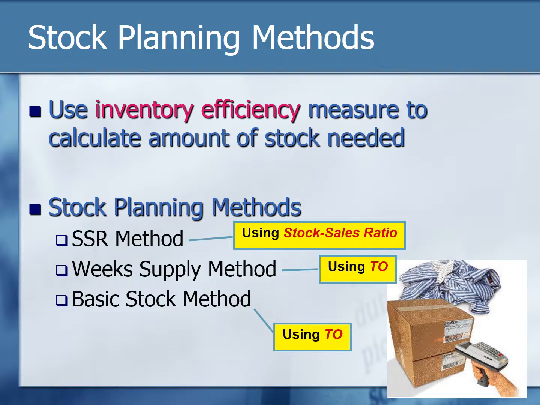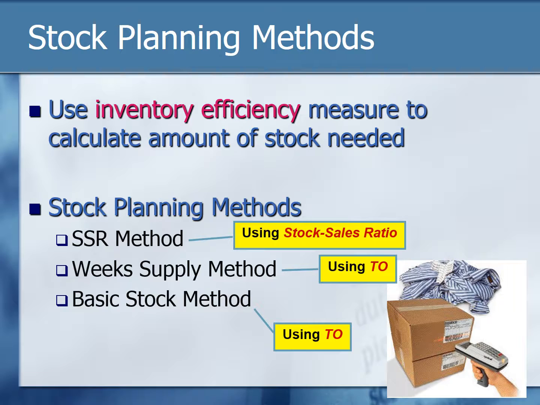Among these three methods, the SSR method uses what we call stock sales ratio as the inventory efficiency measure. We have not learned this measure yet. The week supply method and the basic stock method use the inventory turnover as the efficiency measure or efficiency goal.